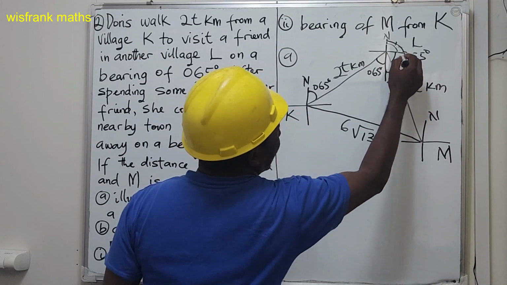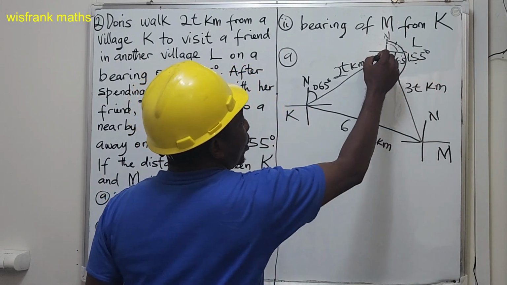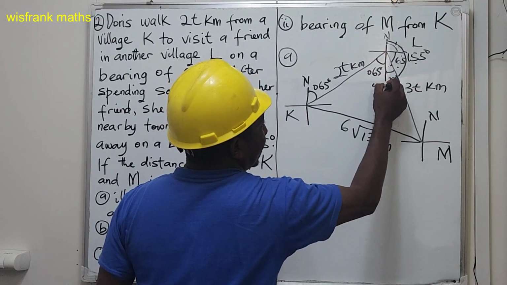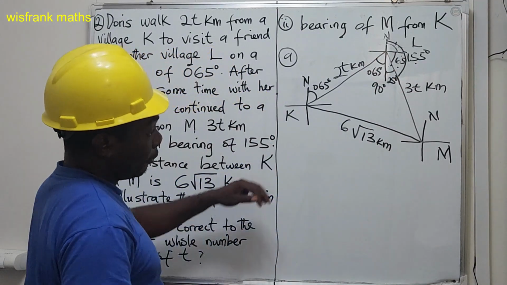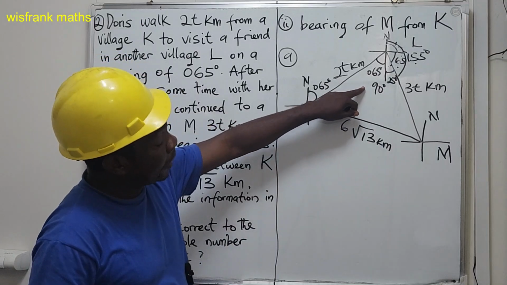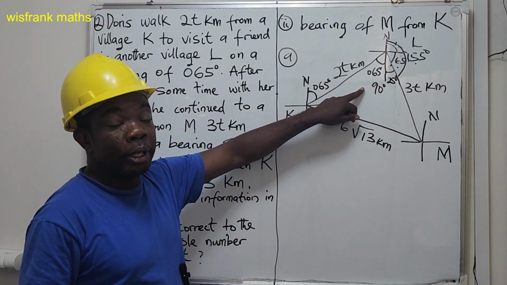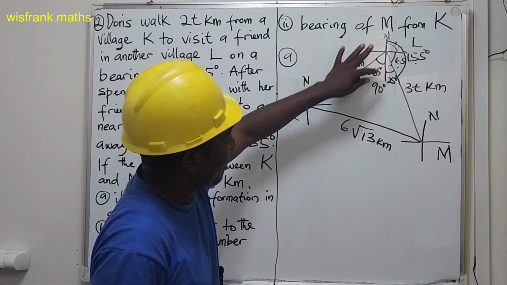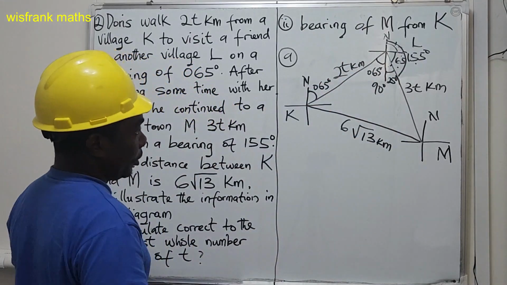So when we add, here we have 90. So the whole of this angle here is 90 degrees, and this has turned out to be a right angle triangle. So here is a right angle triangle.